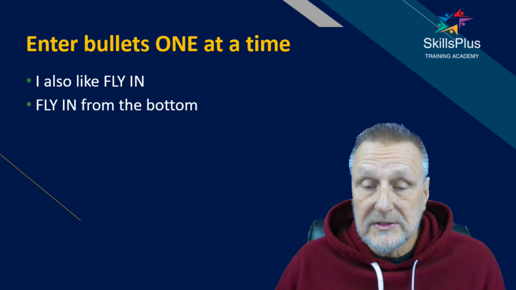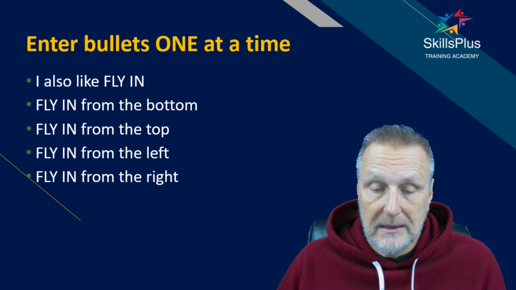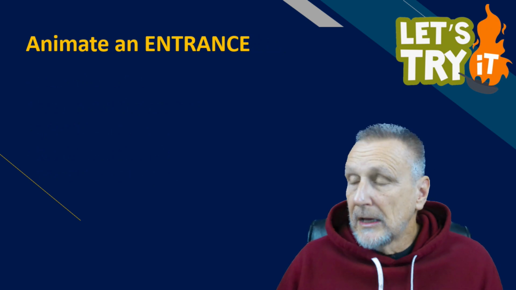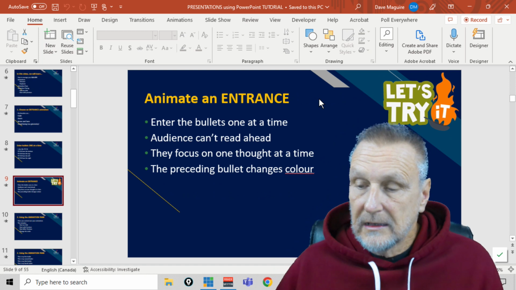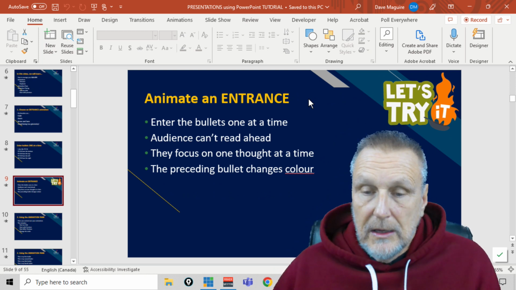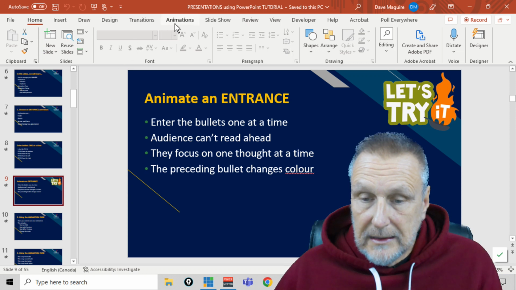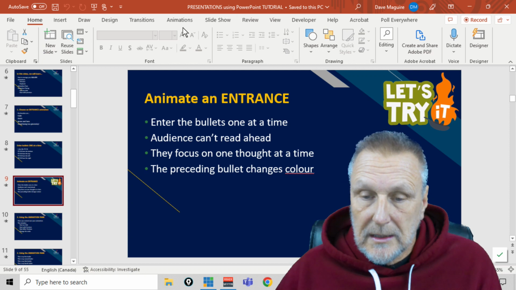I personally use fly in a lot, and you'll see that it's coming from many different directions, and we'll cover that in today's instructional video. Now I'm going to exit out of my presentation and we'll cover animating an entrance. So again, just to cover the basics, we have a variety of tabs across our ribbon at the top.